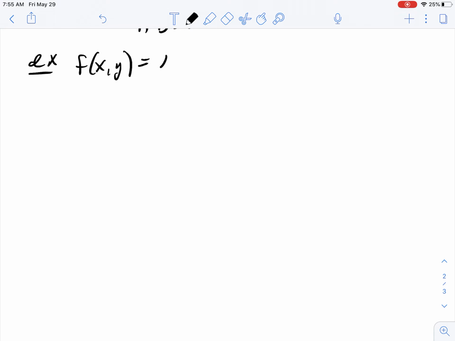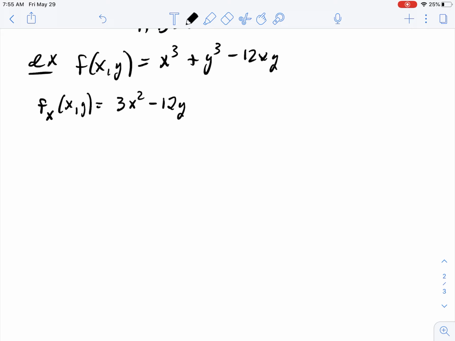So here's the first example. Here's my function f of x comma y, and you have x cubed plus y cubed minus 12xy. So finding critical values first, what I've got to do here is take the first derivative with respect to x. So this would be 3x squared minus 12y.